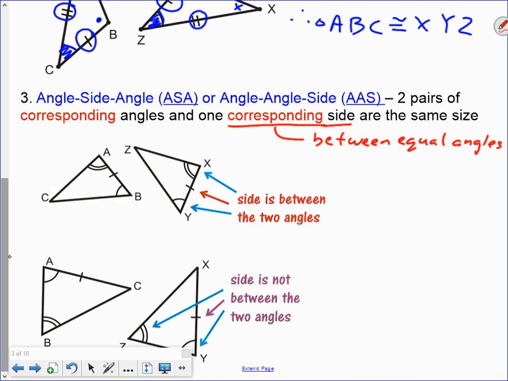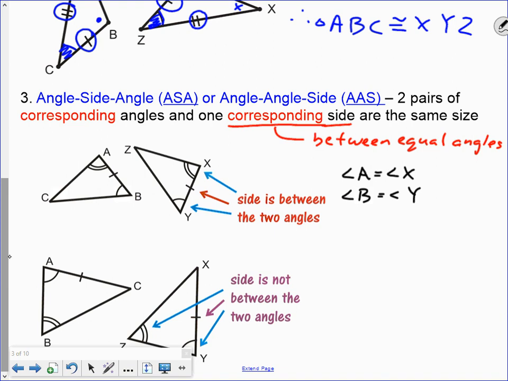In triangle ABC, and in triangle XYZ, we have that angle A here is equal to angle X, the two arcs and the two arcs. Angle B is equal to angle Y, single arc and the single arc.